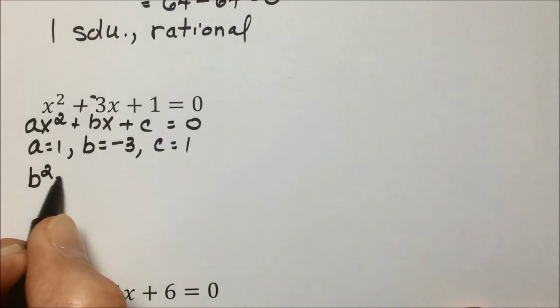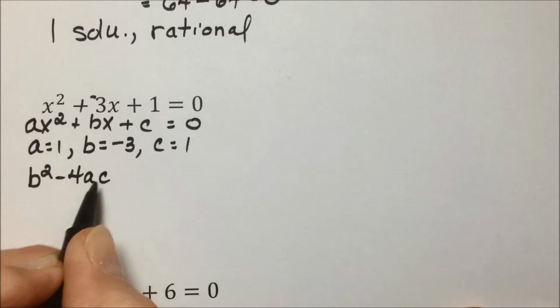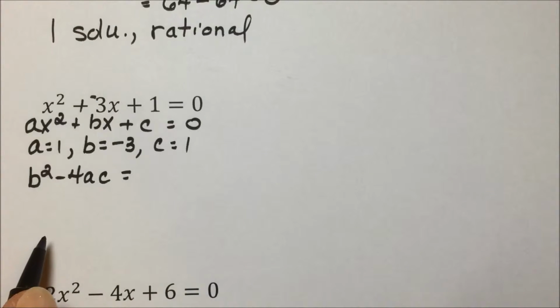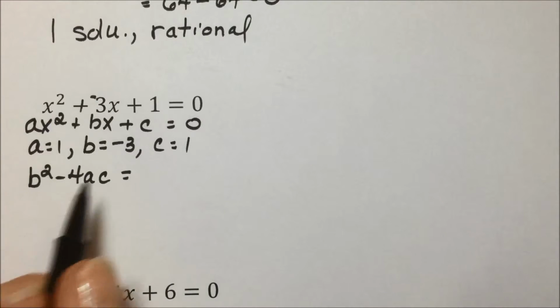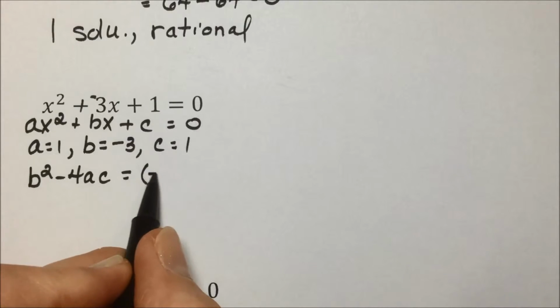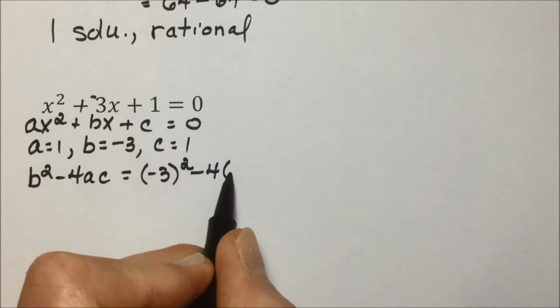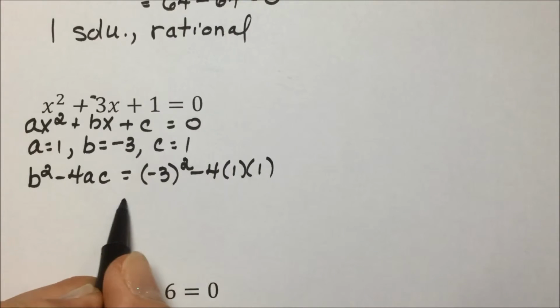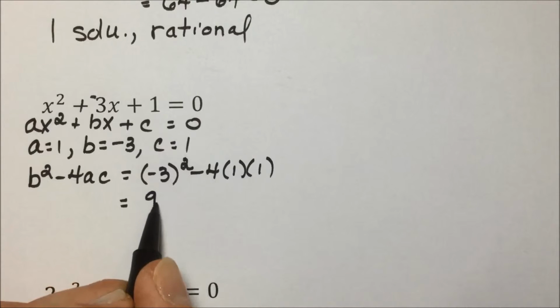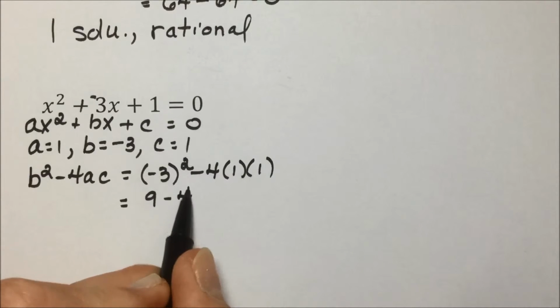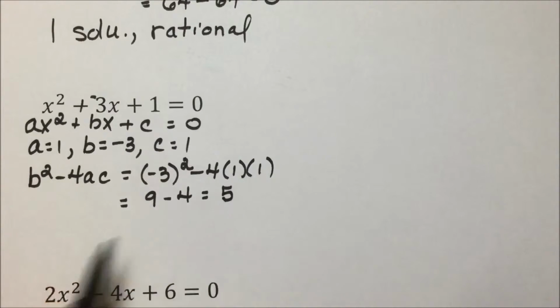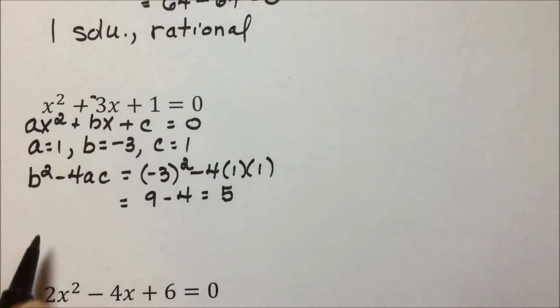To determine how many solutions and what type they are, we'll use the discriminant. b squared means we'll put a -3 in place of our b and squared minus 4 times a times c. -3 squared is 9. Multiplying, we get a 4. Ending result, our discriminant is positive, which means we will have two different real number solutions.